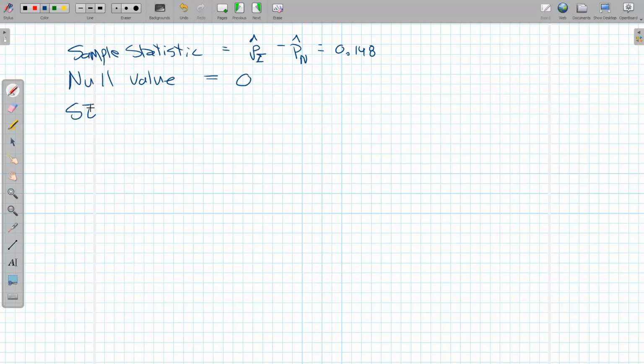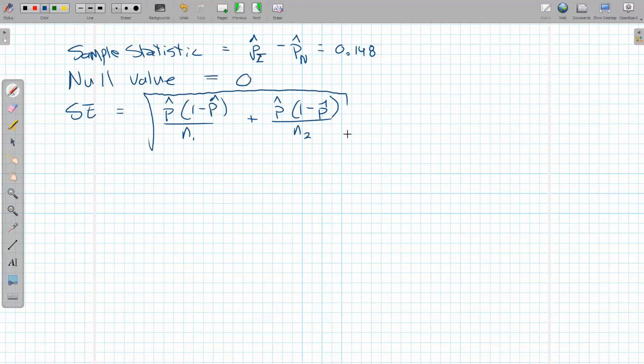The standard error, that's a wee bit more complicated. That's going to be this thing we call P hat, not PI hat, not PN hat, just P hat. I'll show you how we get that, times 1 minus P hat over the sample size of the first group, plus this thing I'm calling P hat, 1 minus P hat. So we've seen this kind of thing before, divided by the sample size of the second group, and then we take the square root of that whole thing there.